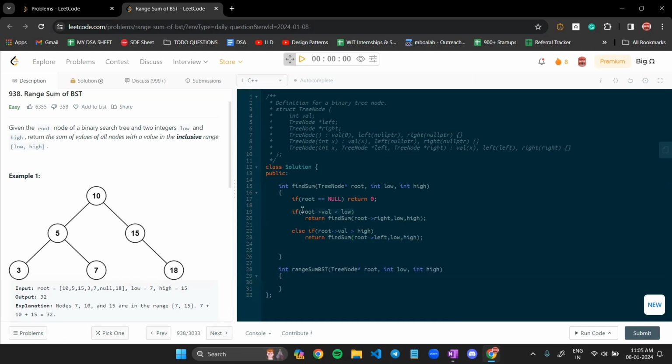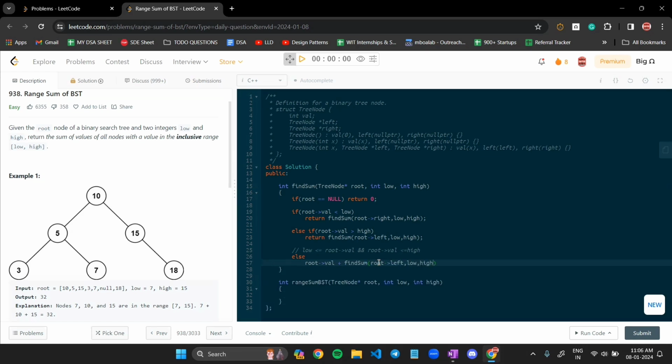Otherwise, if my root's value is neither less than low nor greater than high, then what does it mean? It means that it is falling in the range of low to high. Means my root's value is greater than or equal to low and less than or equal to high. Okay. So in that case, what will we do? We will simply add our root's value and make a left call.